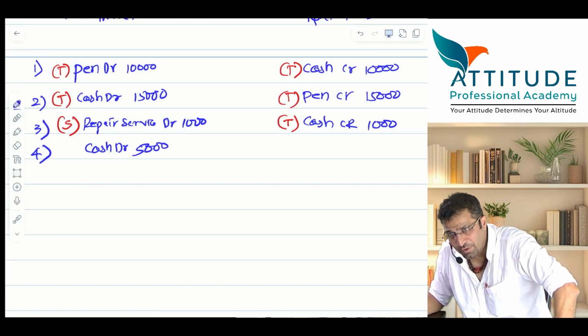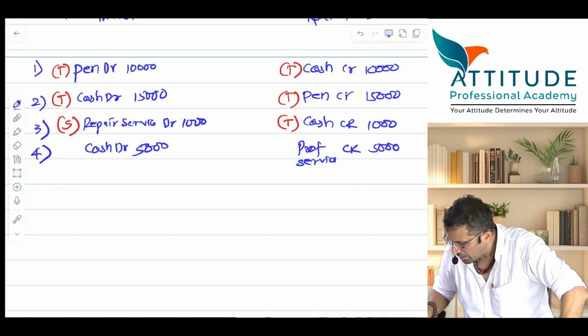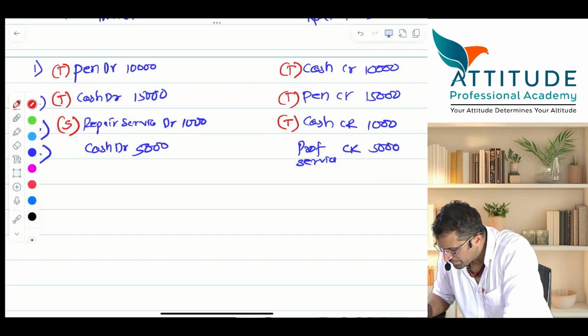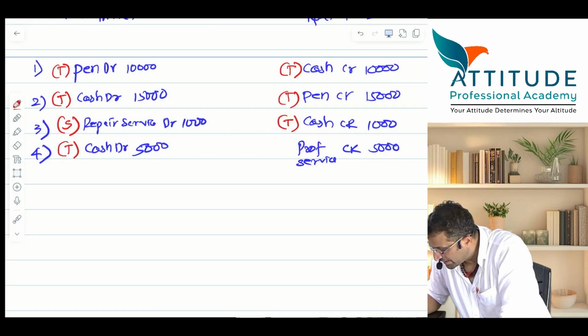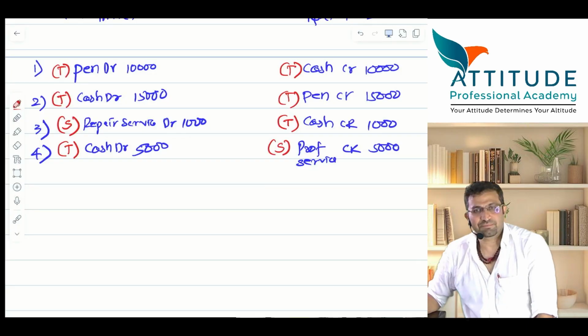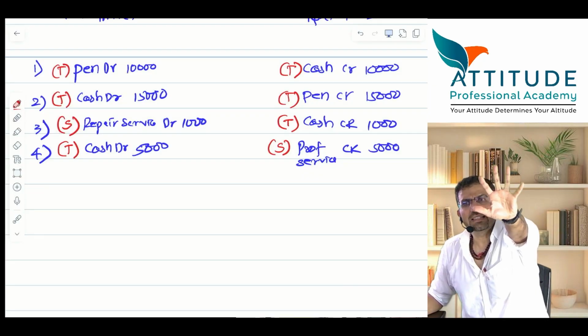Repair service or professional service? Professional service. Credit how much? 5,000. Now tell me, cash is a thing, not a service. Cash is a thing. Professional service is a service.